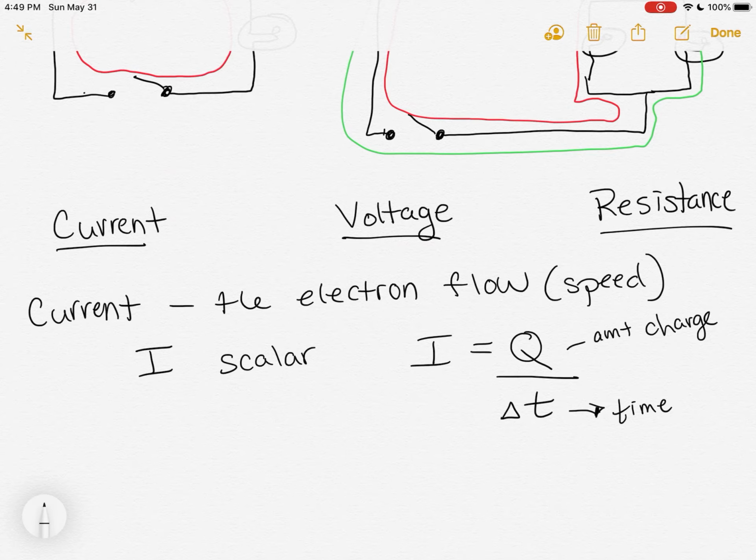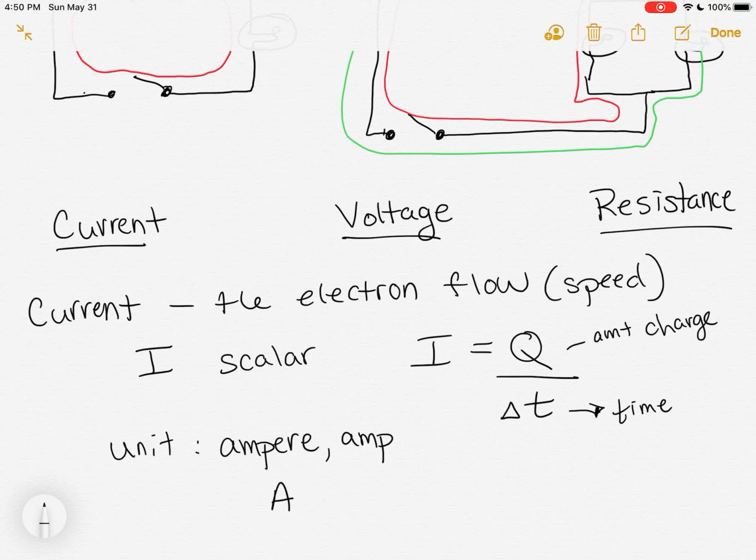Okay, so we can calculate the current flowing through a circuit, and it's really the speed of how fast our charge is moving through the circuit over a certain period of time. Okay, so if we want to calculate current, we can do how much charge is moving past one spot of the circuit divided by the time that it takes for that amount of charge to move past it. The unit for current is called the ampere, and some people will just say amp.